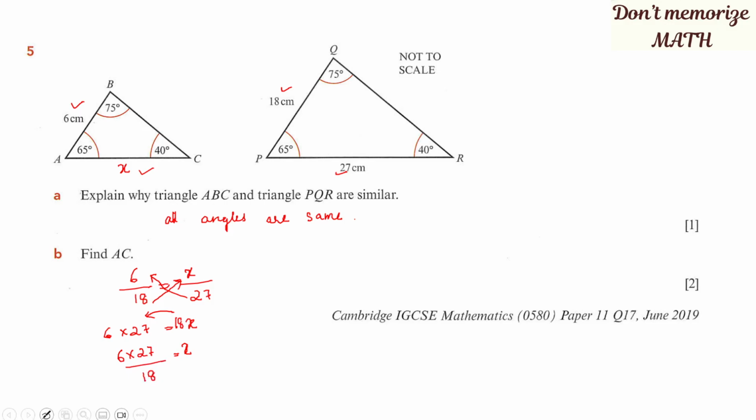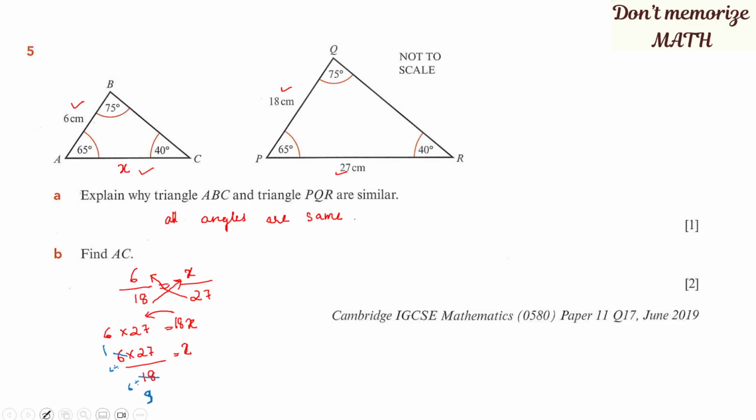I will tell you how to do it without a calculator. You see here 6 and 18 are both multiples of 6, right? So I will divide both of them by 6. 6 divided by 6 is 1, 18 divided by 6 is 3.